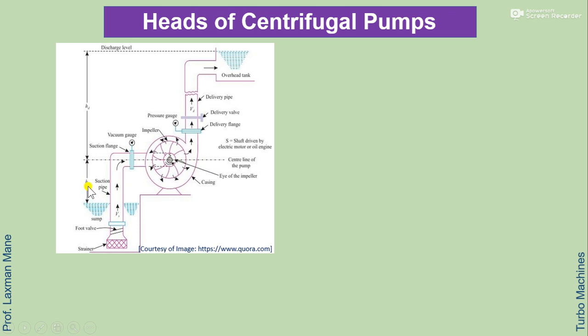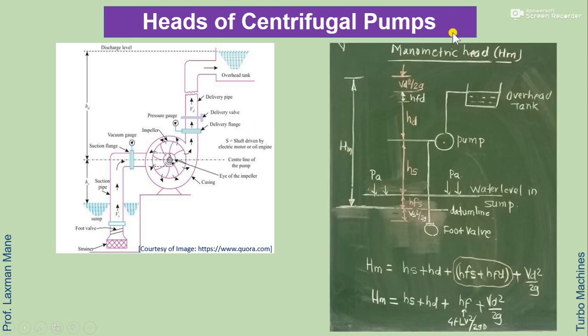That is called static suction head. And Hd is the height difference between the center line of the pump and the overhead tank water level. That is static delivery head. In detail, we will see here, this is a pump, this is static suction head, this is static delivery head.